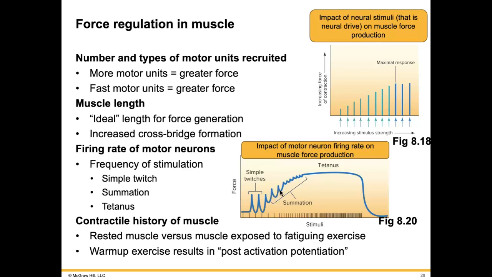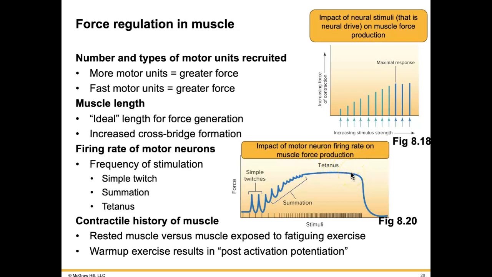And basically these contractions build within one another to add up, to summate. And eventually what we can have is no relaxation taking place, where we have a steady contraction or steady force being produced by the muscle, and that is called tetanus.